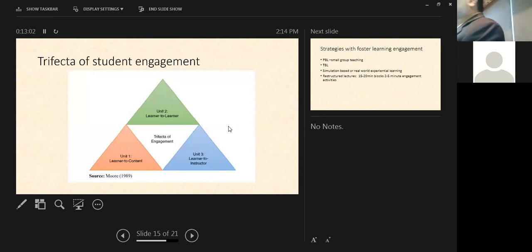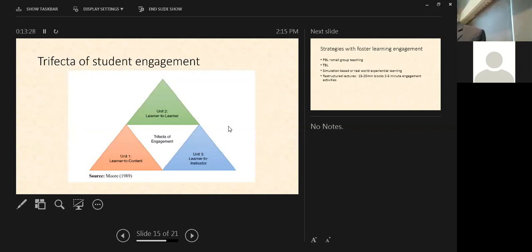They need to be learner-to-learner interactions, learner-to-content interactions, and of course, learner-to-instructor interactions. A lot of times you'll have this, and this, or to some level this. If one of these components is missing, your student engagement may be suboptimal.